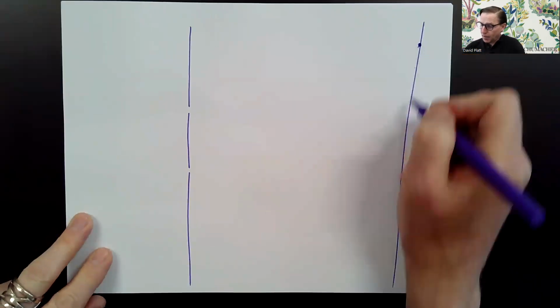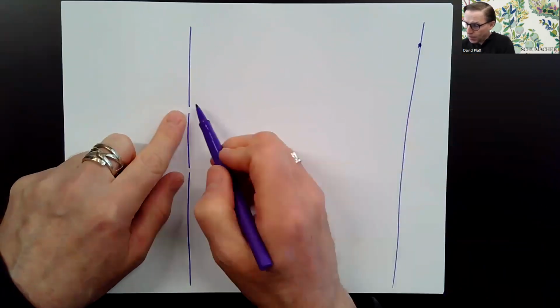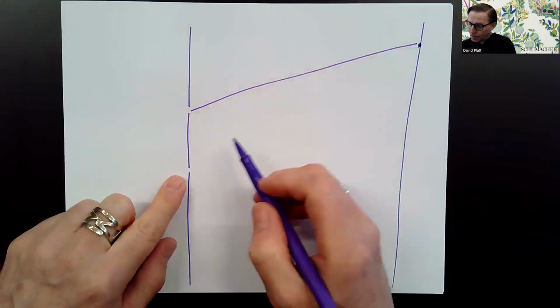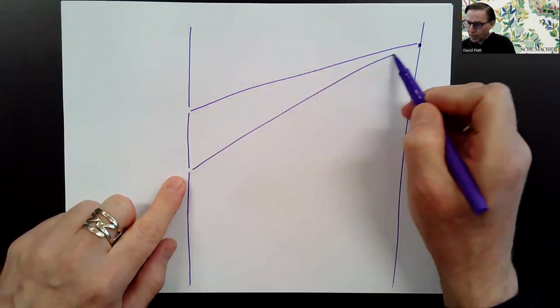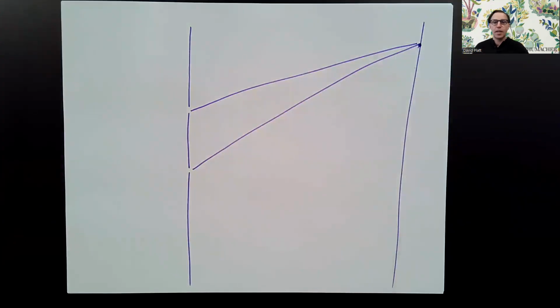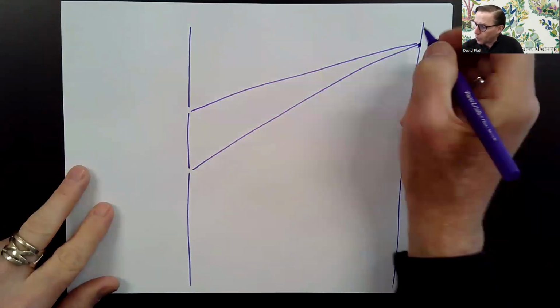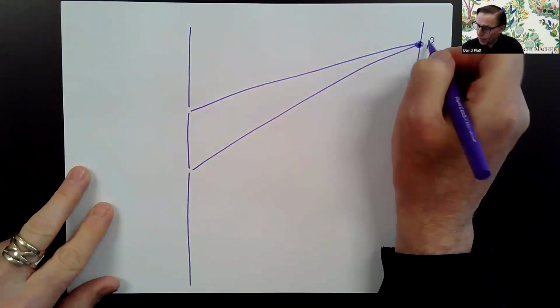But remember, I could do that anywhere. So the light that comes from here goes over and illuminates that location. And the light that comes from here goes over and illuminates that location. Those are supposed to be line segments, not curves. And again, I could do the same thing at all these other locations, but that would be messy. So I'm just looking at this one little point P here.